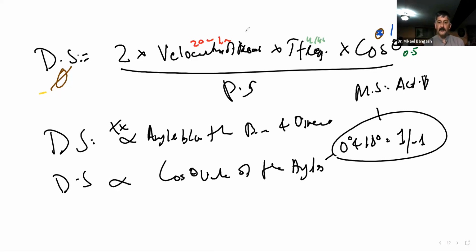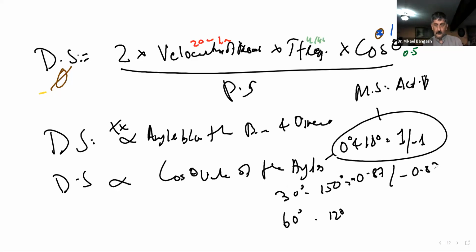Whereas in all the other angles, whether there were 30-degree angles, or 60-degree angles, and for the 30-degree angle we could say 150 degrees, with the 60-degree angle we could say 120 degrees. These have respectively cosine theta values of 0.87, plus for the 30 and minus for the 150.